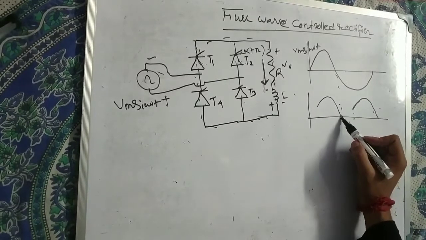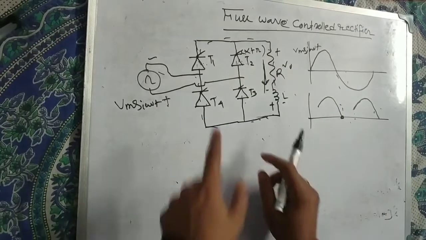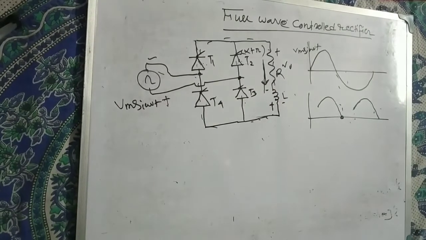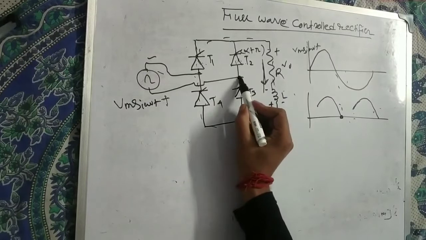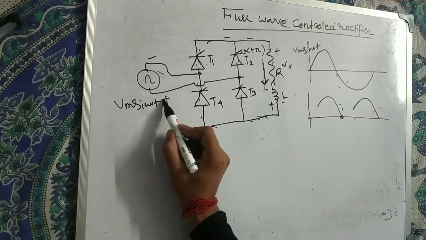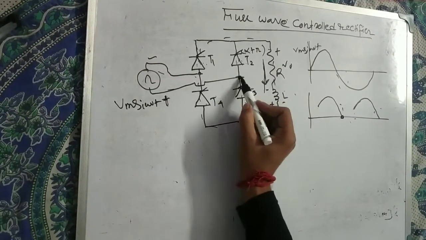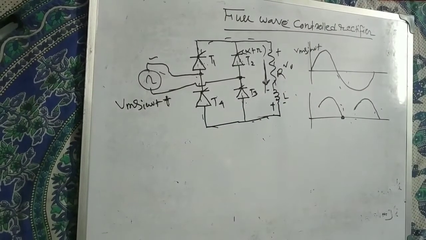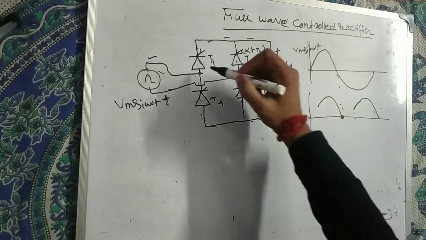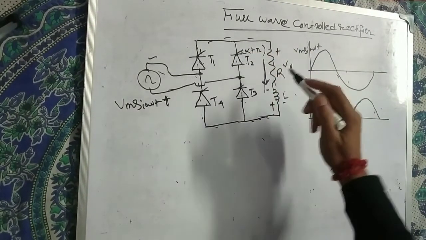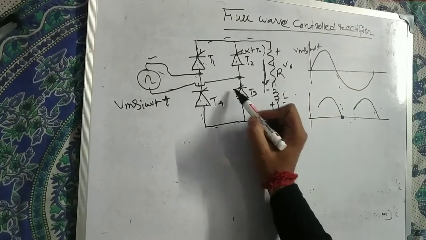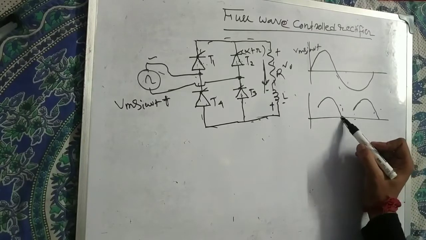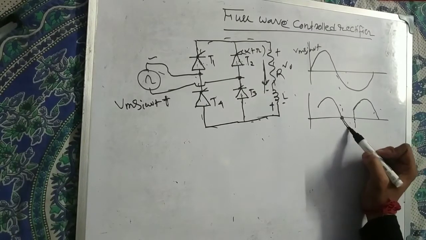So the output terminal is effectively shorted through T1 and T3, and the output voltage will follow the input voltage waveform. If the inductor forces current through T1 and T3, the output voltage follows the input voltage.